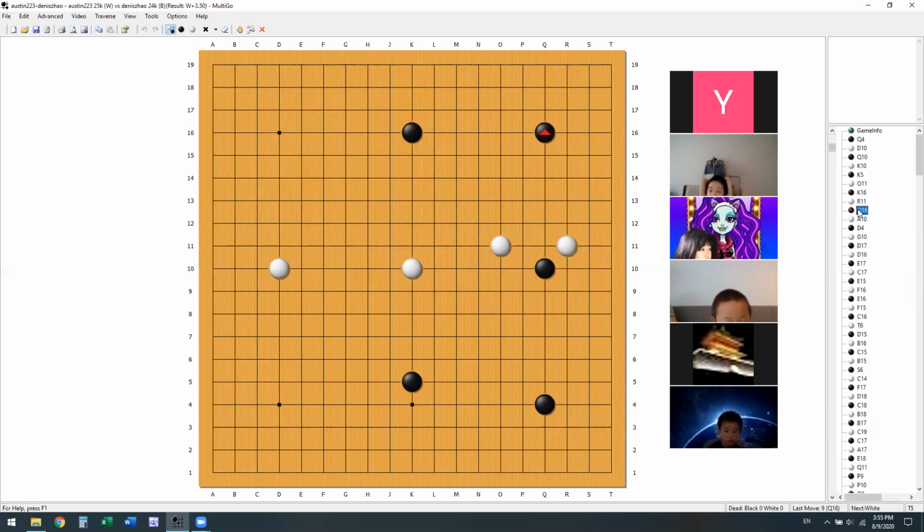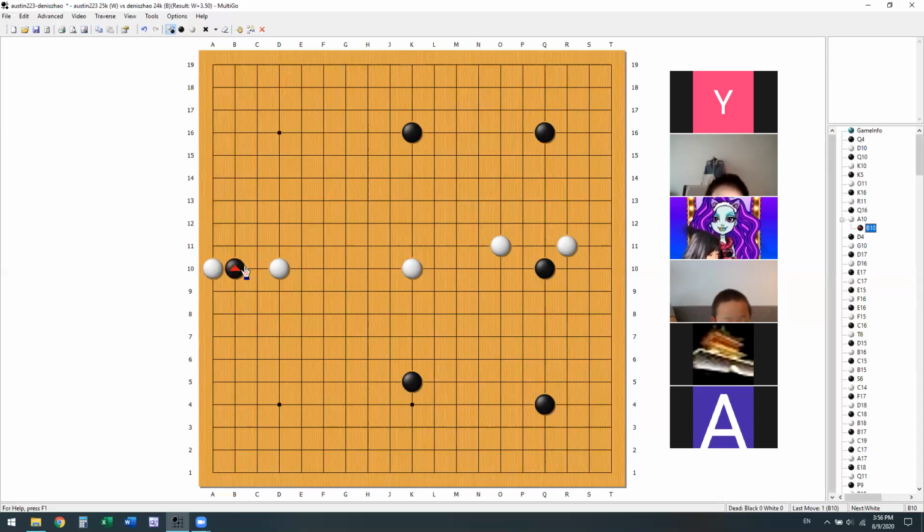This game is between Dennis and Austin. Your game, who is white? That's Austin. So Austin, are you there? Yes. So, okay. I think one of the rules at the opening is to try to avoid the first line. Try to avoid putting a stone on the first line, because the first line is a dead line.